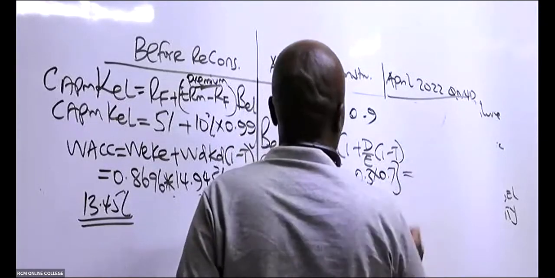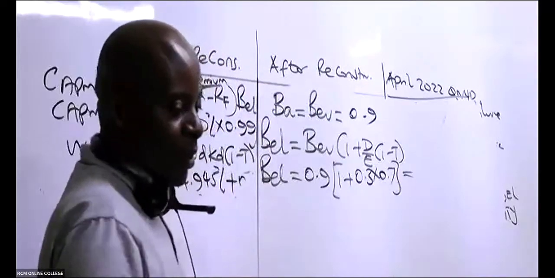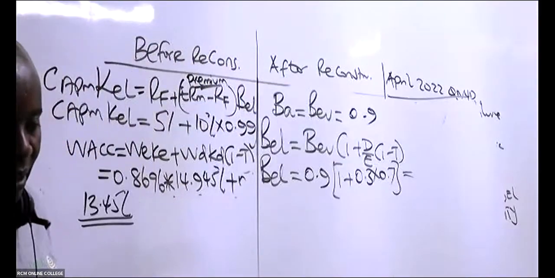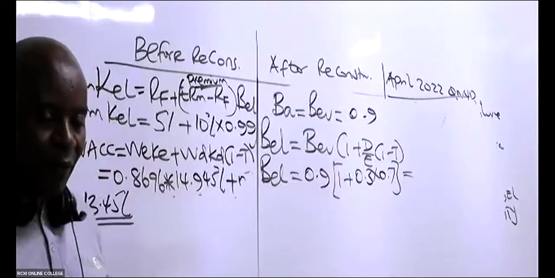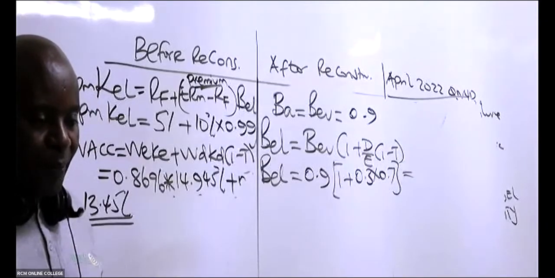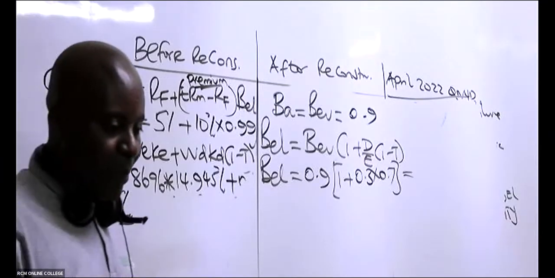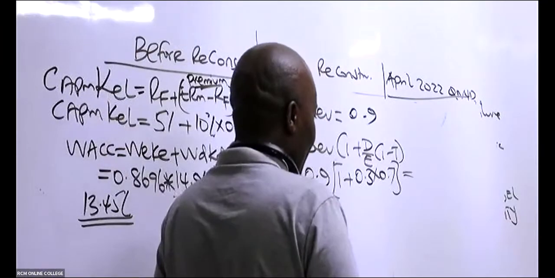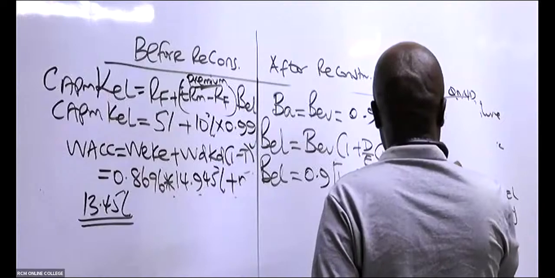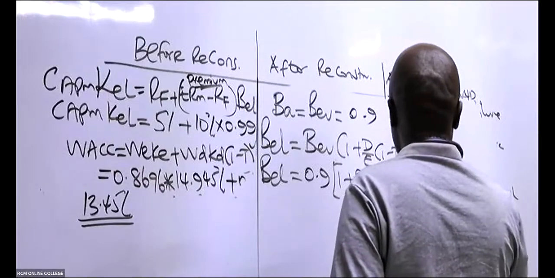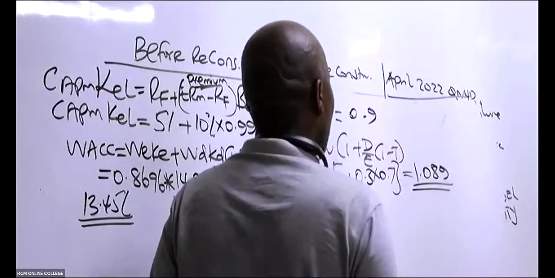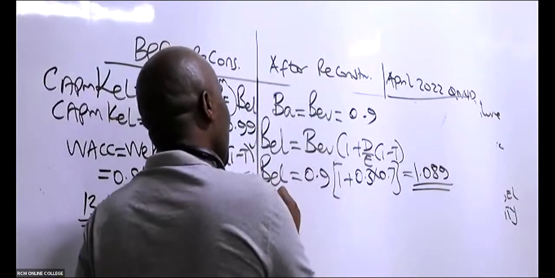Is there anybody who is able to give us this beta equity of a levered firm? 1.089. So we have here 1.089. Thank you so much.